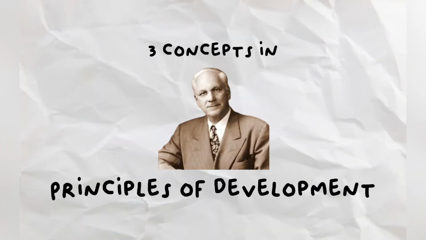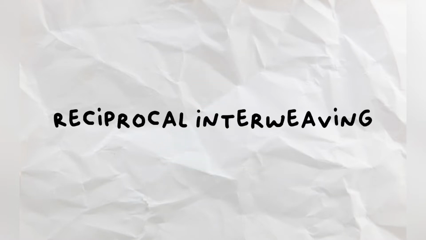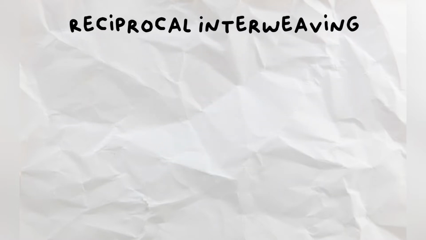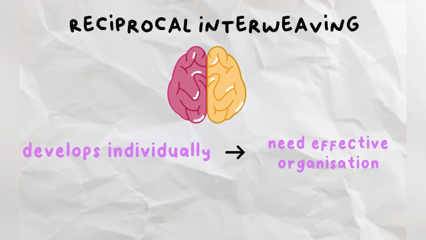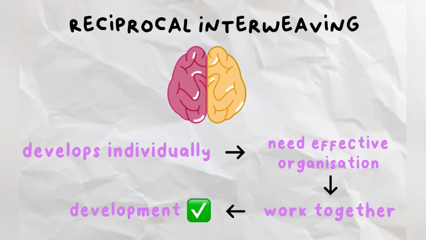There are three concepts in Gesell's principles of development. So first, we are going to explain about reciprocal interweaving. In reciprocal interweaving, he proposed that the two hemispheres of the brain develop individually but need to eventually reach effective organization. So they don't develop at the same time, but eventually they both need to work together, and that's when the development is complete.